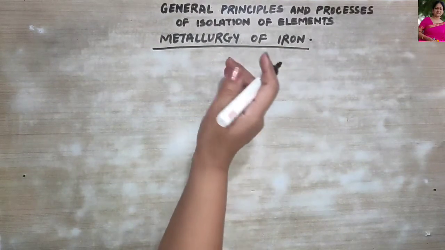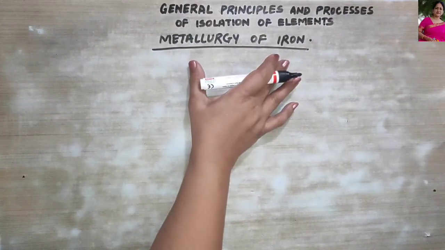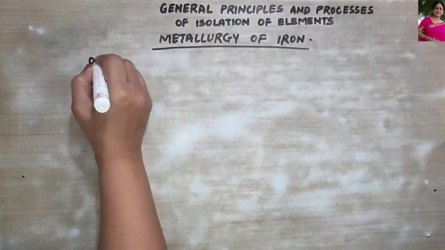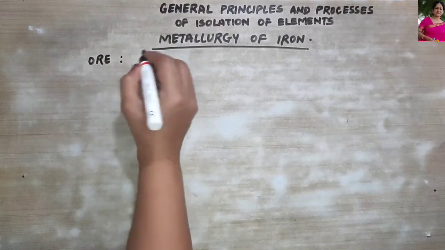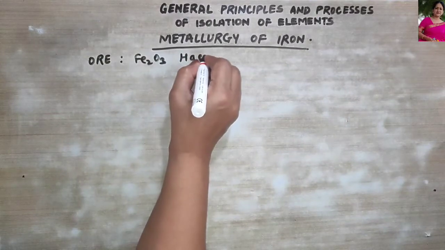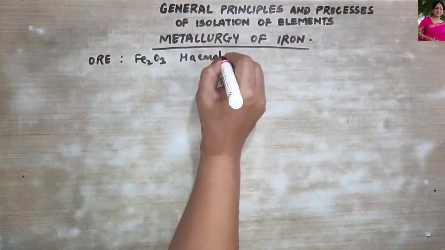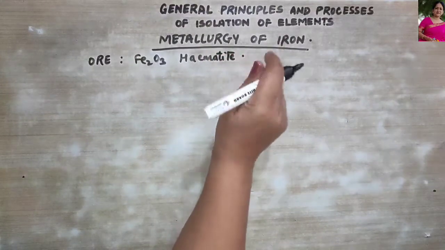So we are going to talk about the metallurgy of iron. What is the ore required over here? The ore required is hematite, that is Fe2O3, which is also called hematite.